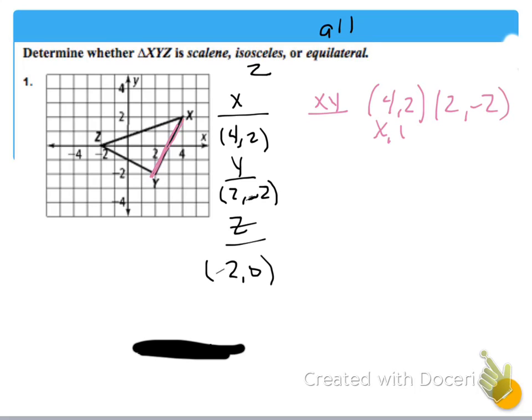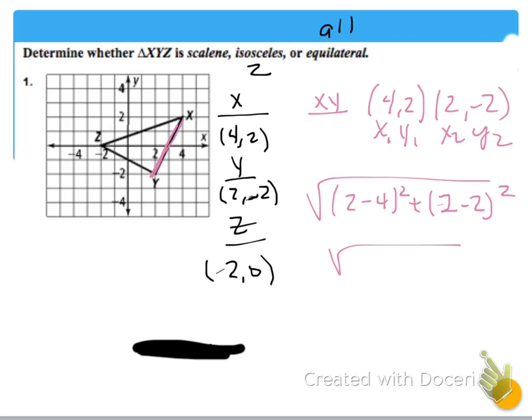Let's say this is x1, y1, x2, y2. We're going to do x2 minus x1 squared plus y2 minus y1 squared. That's negative 2 squared plus negative 4 squared. So 4 plus 16, which is the square root of 20. So I know the distance of XY is the square root of 20.